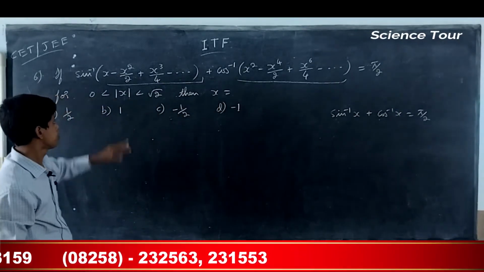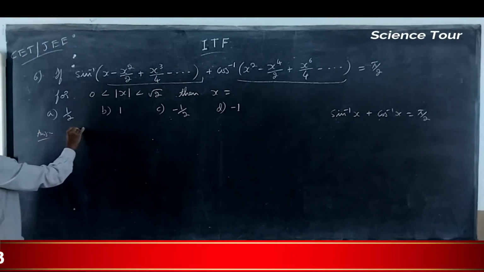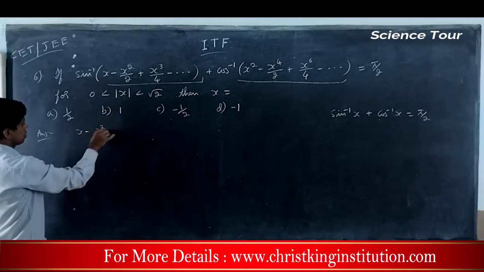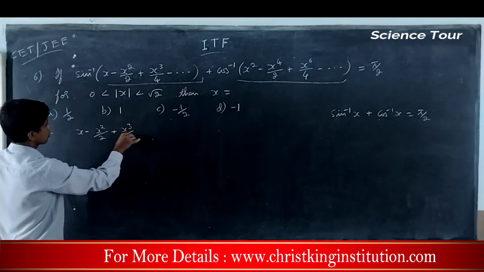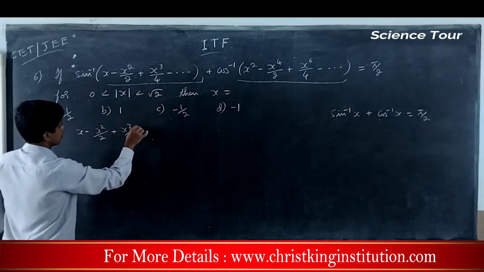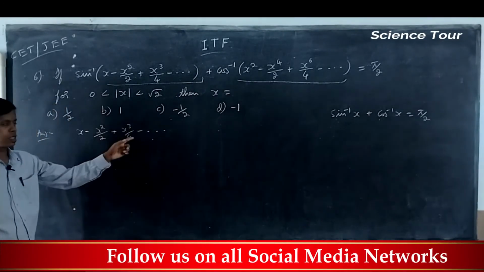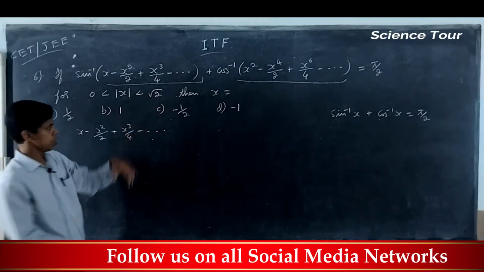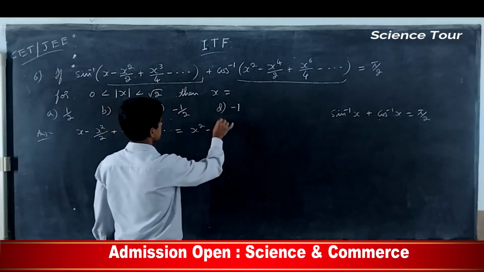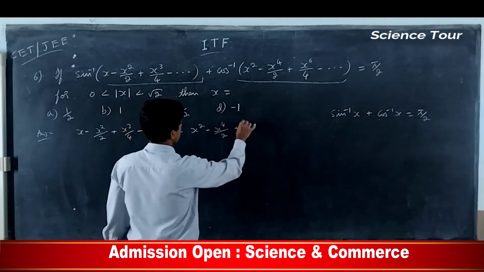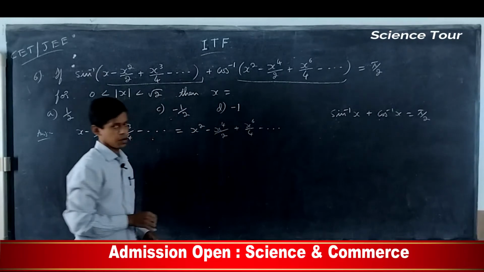So the first expression, x minus x square by 2 plus x cube by 4 minus and so on, an infinite series, should be equal to x square minus x to the power 4 by 2 plus x to the power 6 by 4 minus and so on.